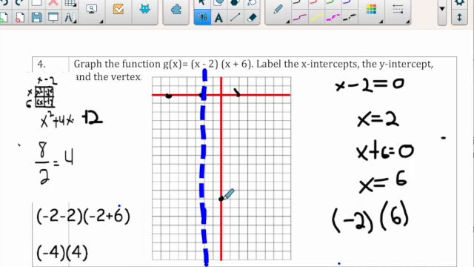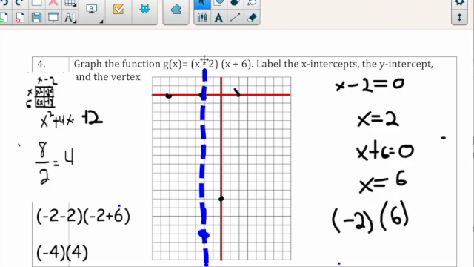So we are going to go to -16. This is 12, 13, 14, 15, 16. You do not have to put that axis of symmetry there. I just put it there to make it easier for me. I'm actually thinking that I want to take it away now just to be able to see things better.